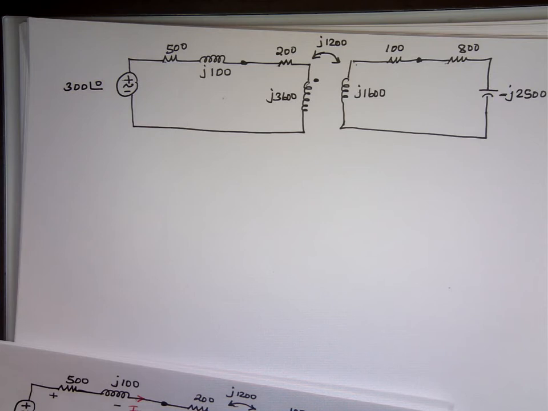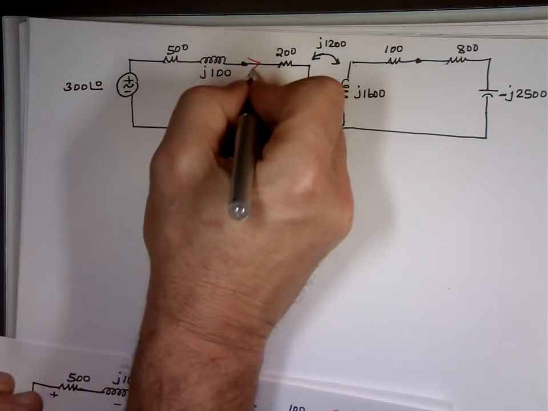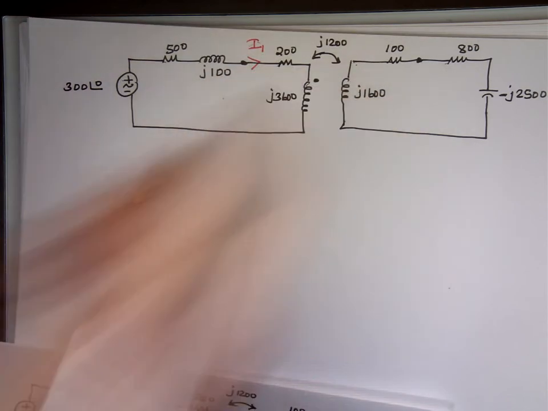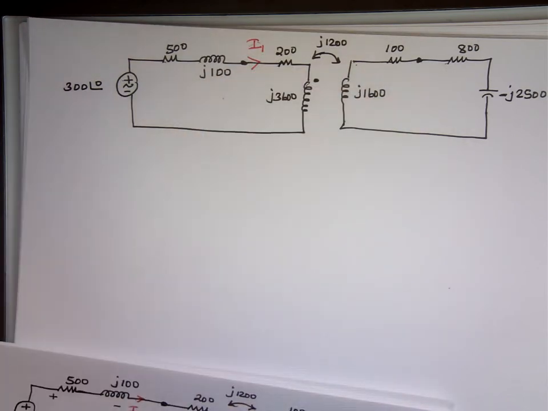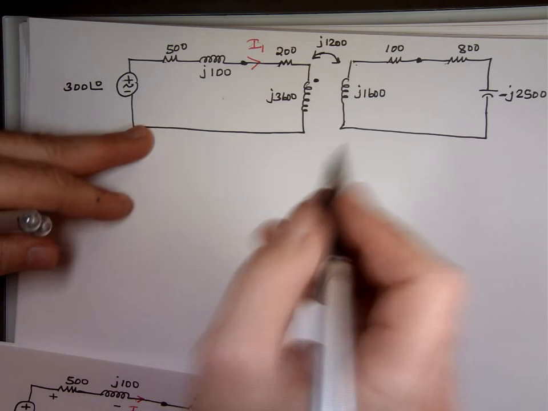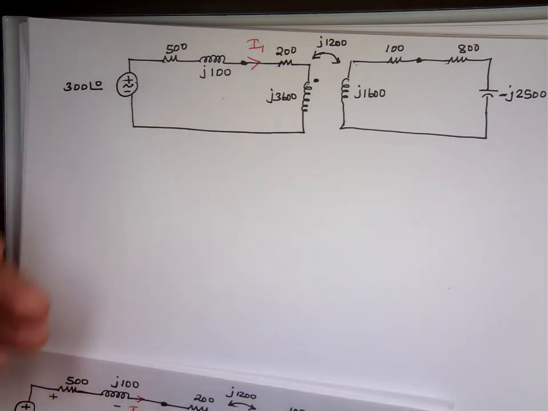I sub 1 is going where? Going to the dot. And where did we find I sub 2? I forgot to indicate where the dot is. In the previous one, the dot was here.